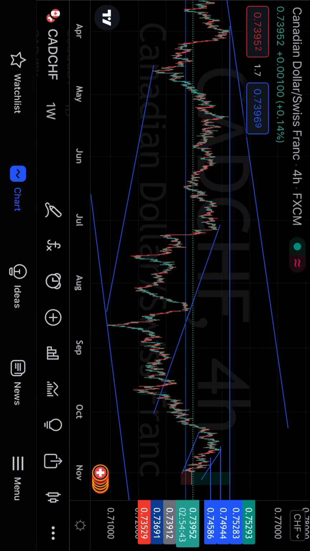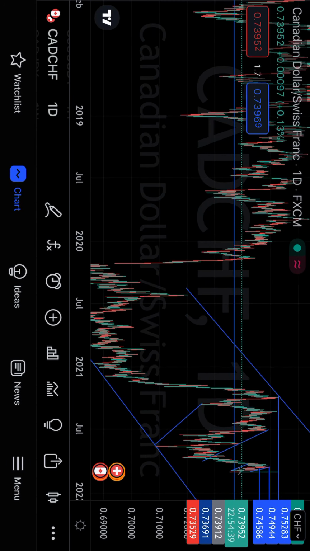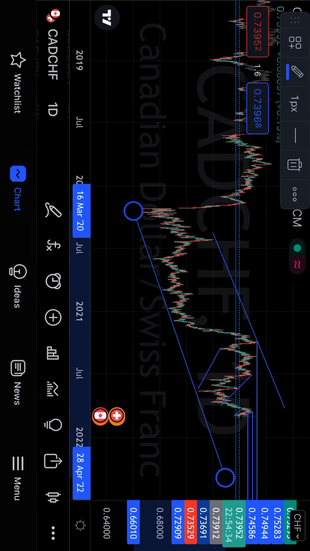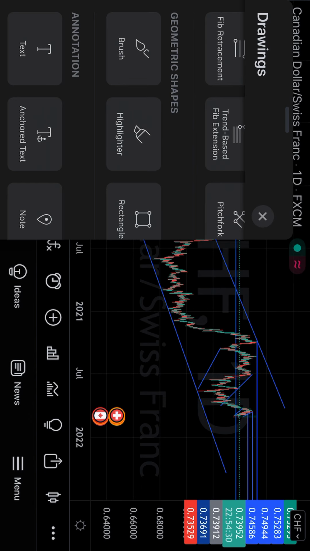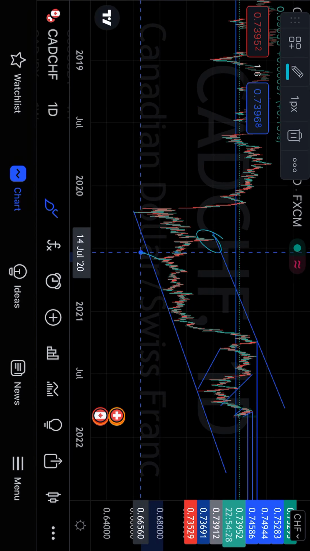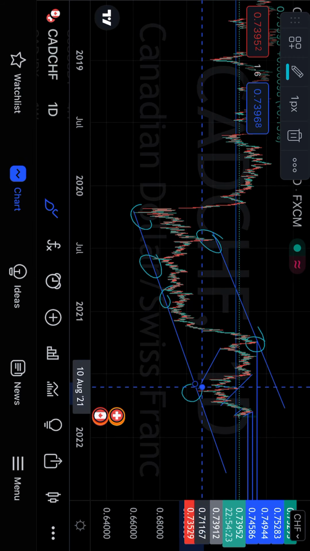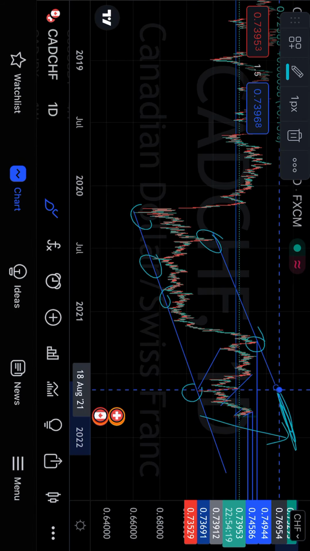So on CADCHF, we have this bullish channel. So price has been hitting tops and bottoms of this bullish channel, top, bottom, top and bottom, and then looking to move up to this top.